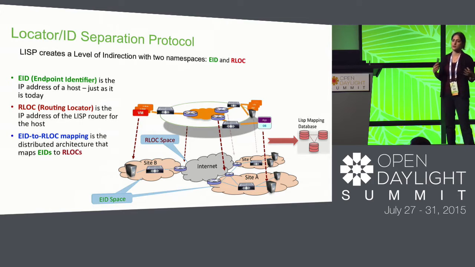And then they encapsulate to that address. And then they cache this mapping locally for a certain TTL. And from then on, as packets move through, there's a local cache mapping, and there's encapsulation. And on the destination side, the routers will receive the packet, decapsulate, and forward. And then the reverse path is basically the same.